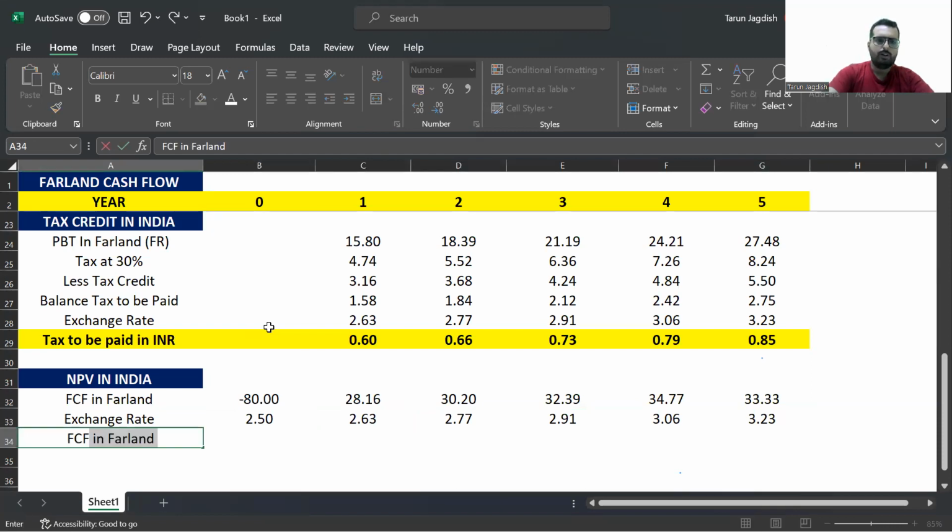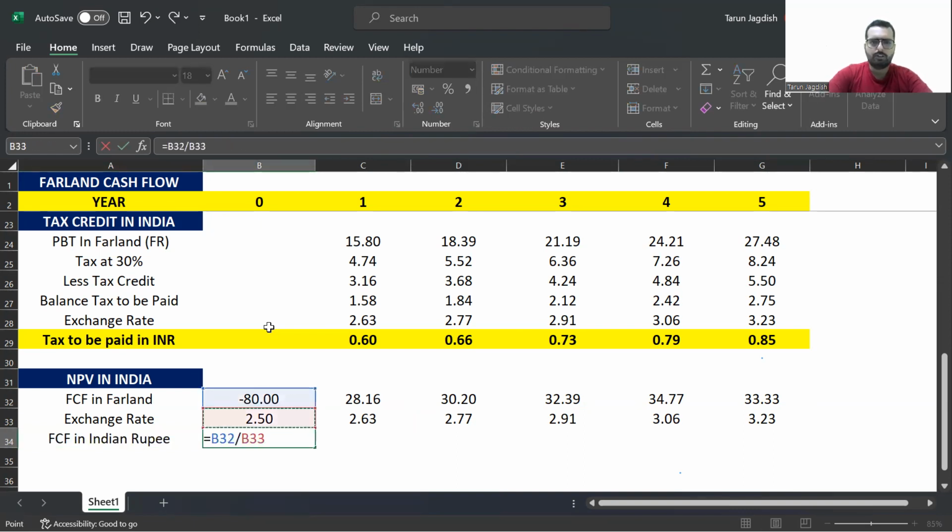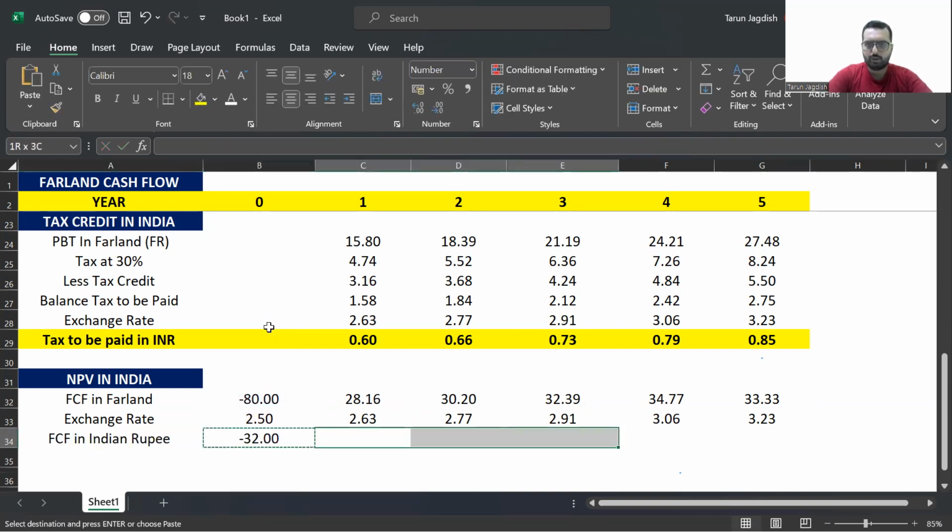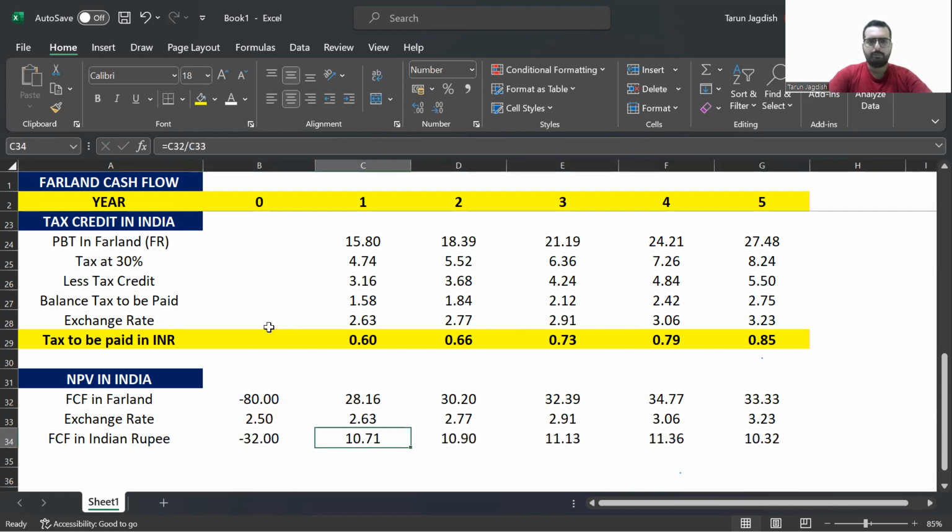Now, free cash flow in Indian rupees. I'll now convert the entire thing into rupee. This divided by this will give you minus 32, 10.71, 10.94, 11.13 is what I get here. Okay, 11.36. There's a slight deviation because of the exchange rate difference. 10.32, but that's fine.